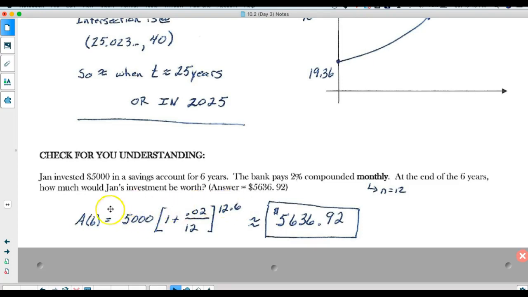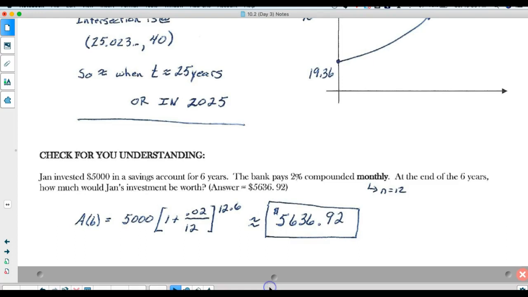If you invested $5,000 at 2% compounded monthly, and never put another dime in there, you would end up having $5,636.92 in your account. There's really not a lot of thought we have to do here. It's just a little bit of application. Plug and chug is what a lot of this interest is.